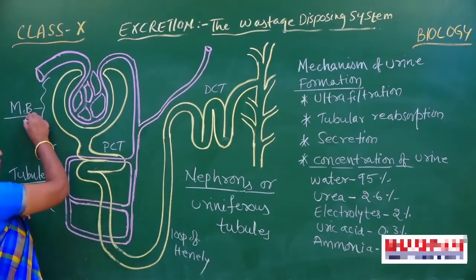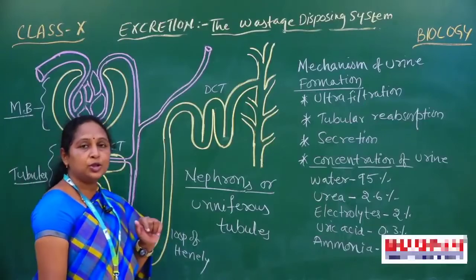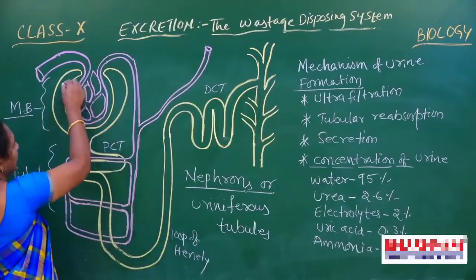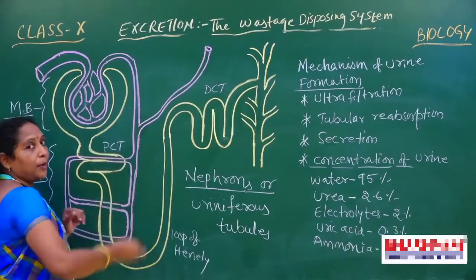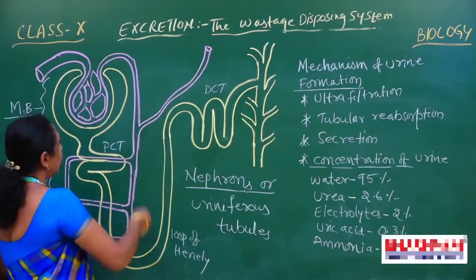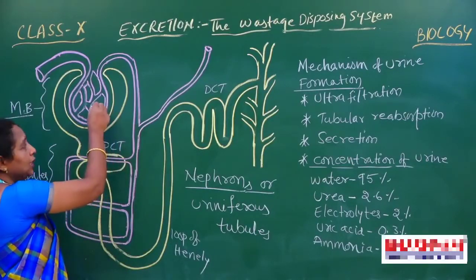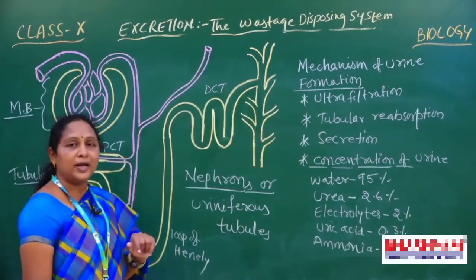The Malpighian body is also made of two parts. What are they? This cup-shaped structure is called the Bowman's capsule. Inside the Bowman's capsule, there is a network of blood vessels.